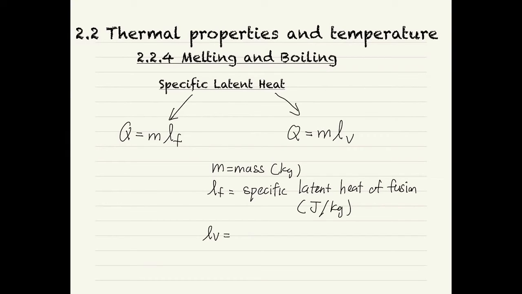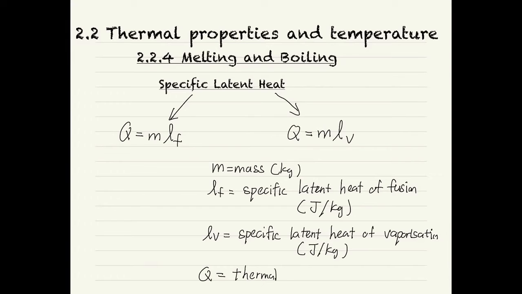Lv is specific latent heat of vaporization. Unit is Joule per kg. Q is thermal energy. The unit is J, joules. Alright, we finished all the formulas in section 2.